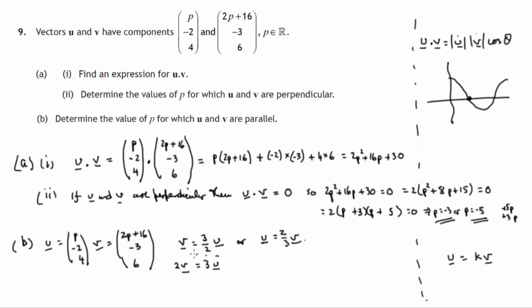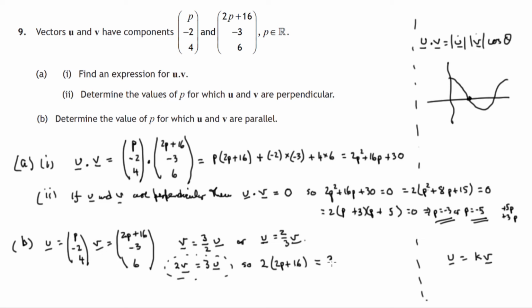So let's use this relationship on the x components. We're using 2v equals 3u. Twice the x component of v, 2 times (2p plus 16), would be 3 times the x component of u.